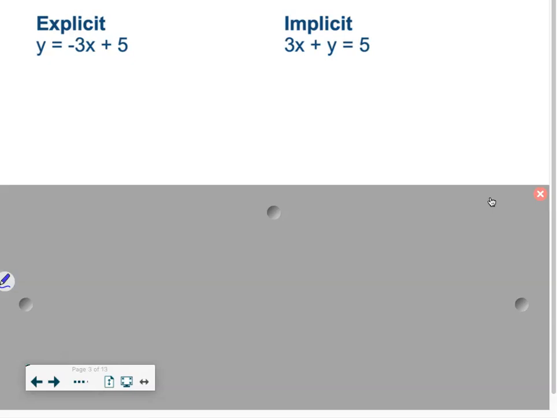A different group, what do you guys think? So middle group, what do you guys think implicit means? If you have two variables on one side. Okay, all right. Those are both very reasonable based on what we saw. Did anyone come up with any type of a different description?